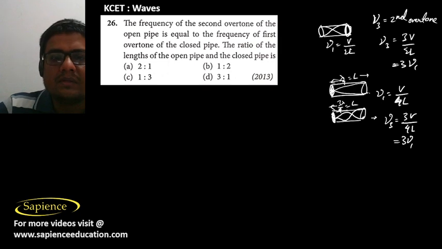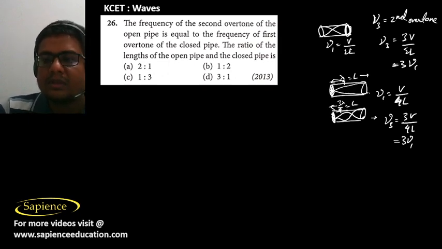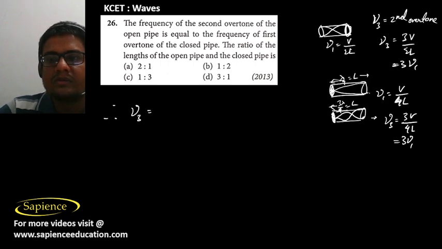The ratio of the lengths of the open pipe and the closed pipe, that is how much. So it is told nu 3, the third harmonic. So second overtone in open end organ pipe is same as the third harmonic in the open end organ pipe.